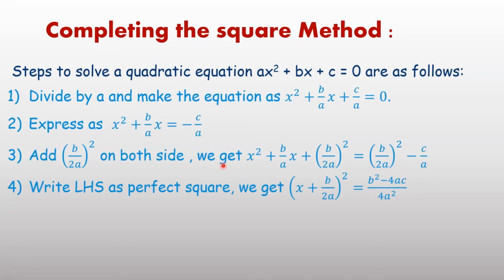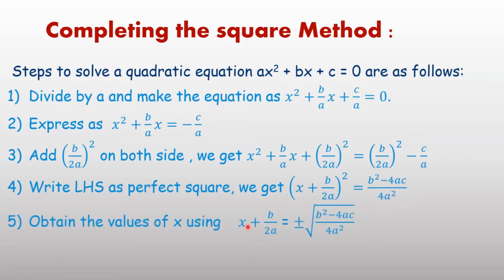It's very easy. Whatever is given, first b upon 2a whole square adding both sides, then the LHS you can write x plus b upon 2a whole square equal to the RHS. Here 2a whole square means 4a square. Here c upon a, take LCM, 4a square, the numerator you will get b square minus 4ac.